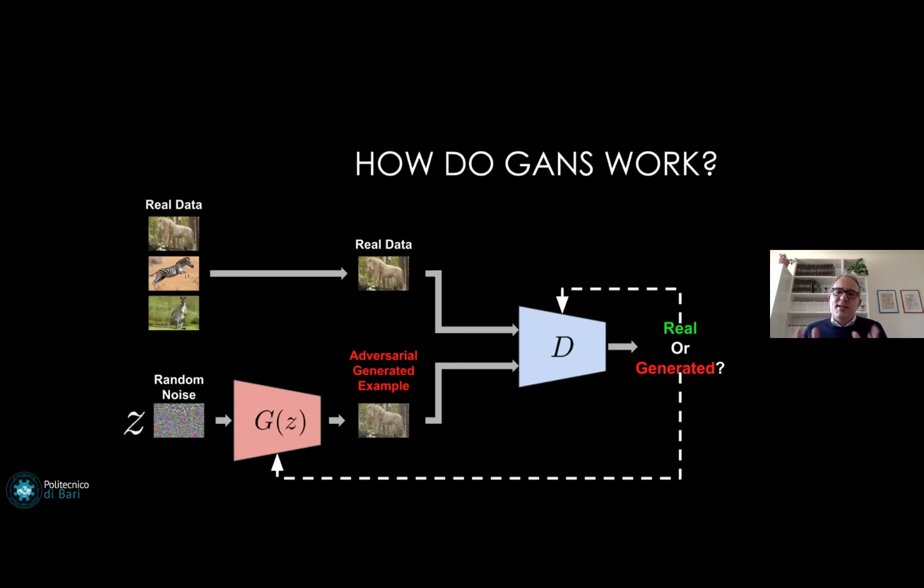What happens in a GAN is that we have these two networks, the generator and the discriminator, that play, as I was saying before, this game.